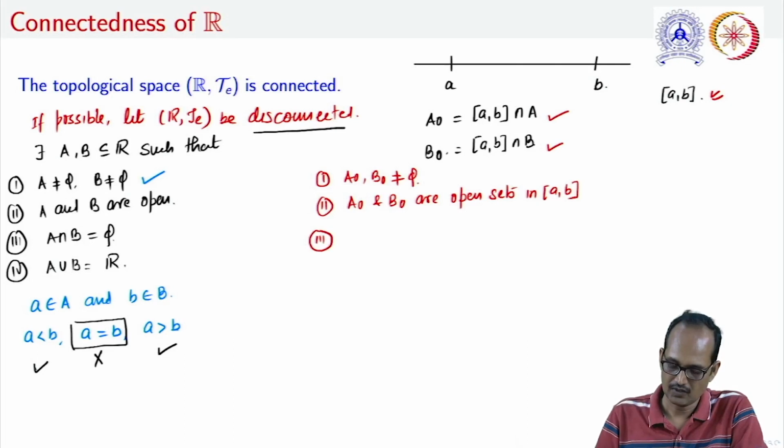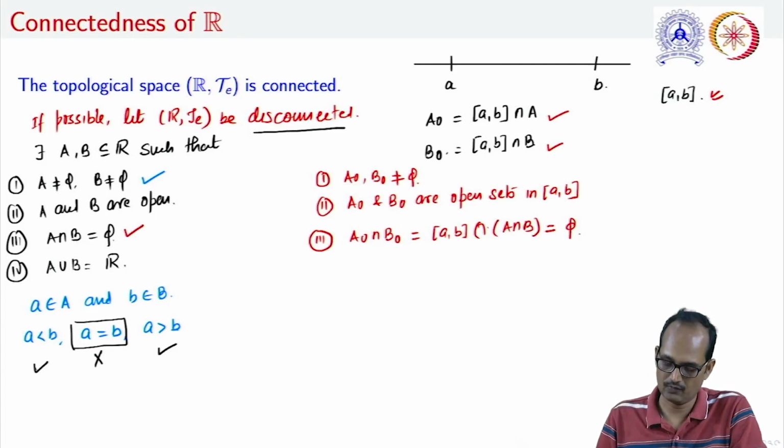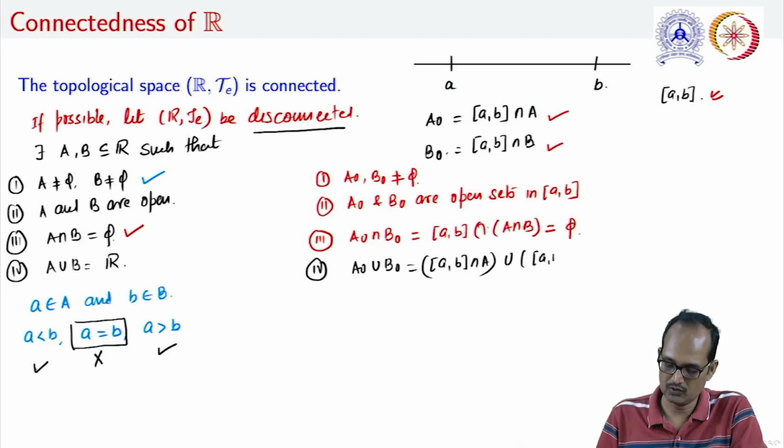Further, if we take their intersection, it will be equal to [a, b] intersection A intersection B. But note that A and B are disjoint, therefore A naught and B naught will also be disjoint. Now, if we take their union, A naught union B naught, this is the union of the closed interval intersection A and the closed interval intersection B, and it can be written as the closed interval [a, b] intersection (A union B).